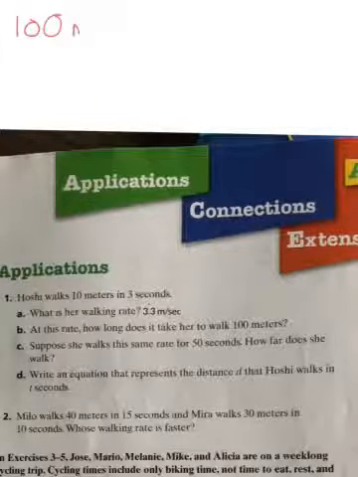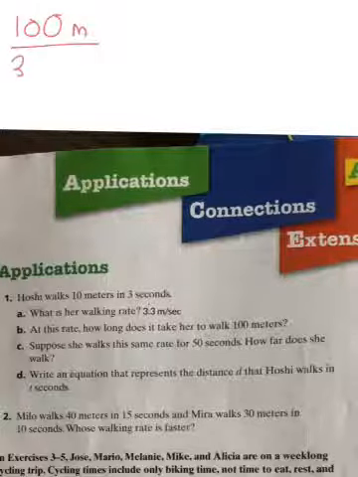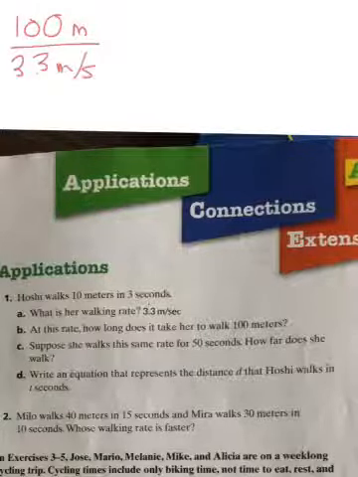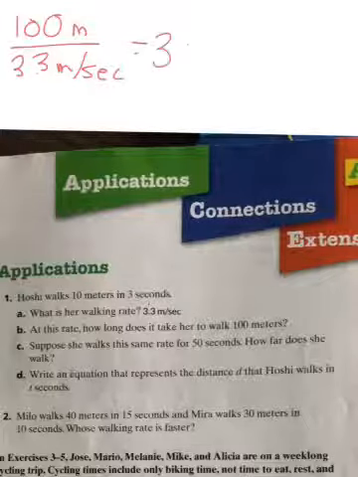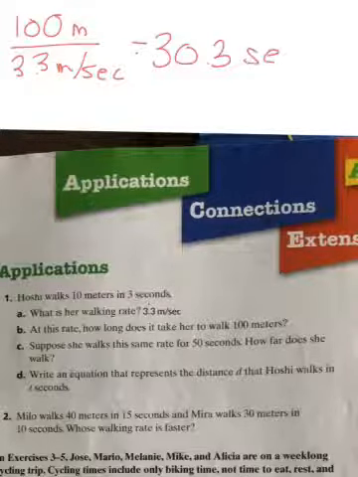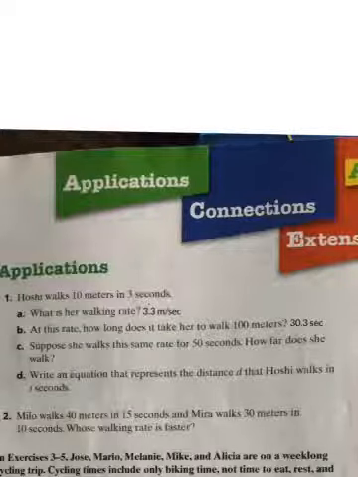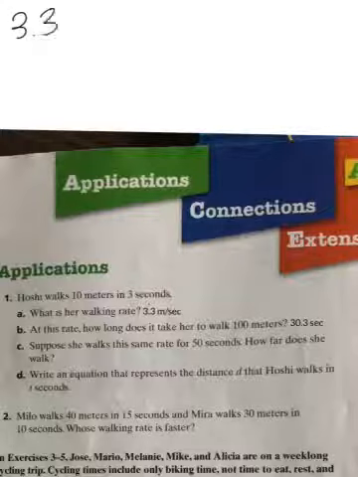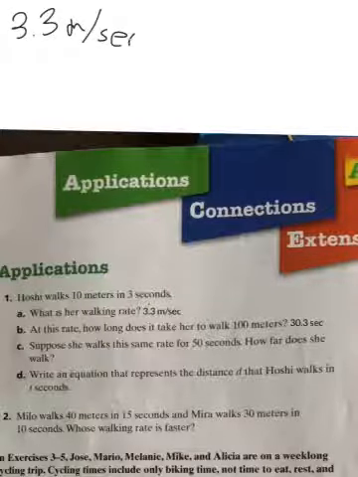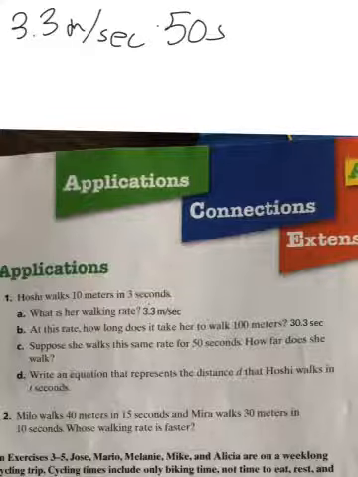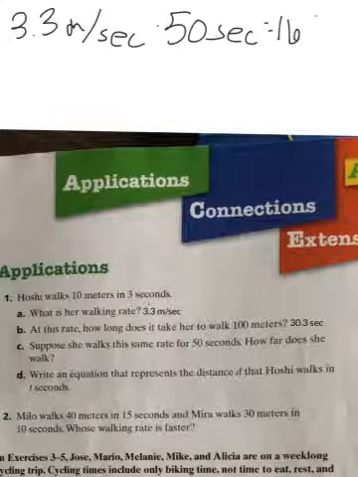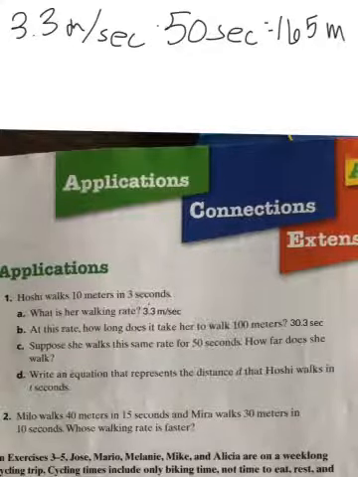To solve for how long it will take her to walk 100 meters, we take the 100 meters, divide it by 3.3 meters per second, and we get an answer of 30.3 seconds. To find out how far Hoshi is going to walk in 50 seconds, we take her rate of 3.3 meters per second, multiply that by 50 seconds, and find out that she will walk 165 meters in that 50 seconds.